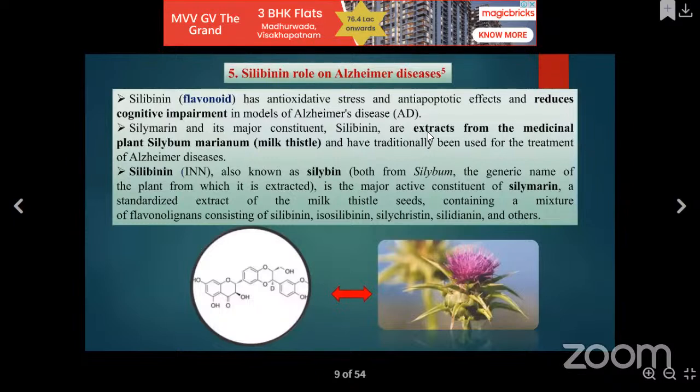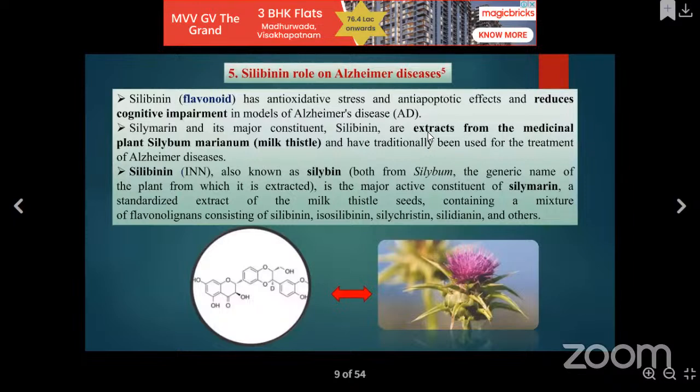So this silibinin, a flavonoid isolated from the plant Silybum marianum, has the anti-Alzheimer's property. If you can give this drug to old age people, they will try to retain their memory back and they won't have Alzheimer's disease. Silymarin and its major constituent silibinin are extracted from the medicinal plant Silybum marianum and have traditionally been used for the treatment of Alzheimer's disease.